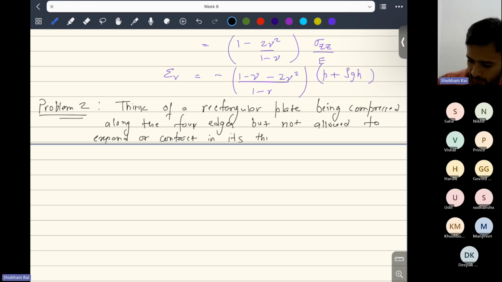So in its thickness direction, it's not allowed to expand or contract. Means uz is 0. There's no displacement in thickness direction. So you have to assume the thickness direction is around z direction.